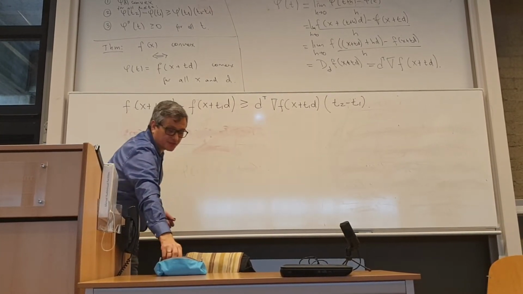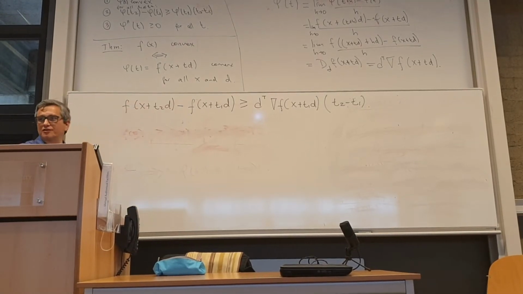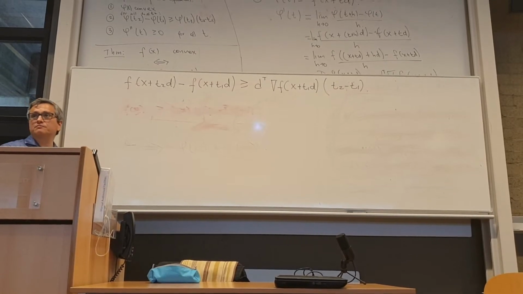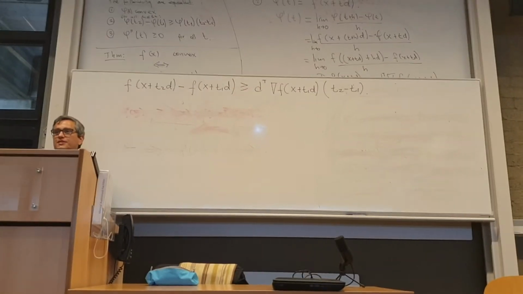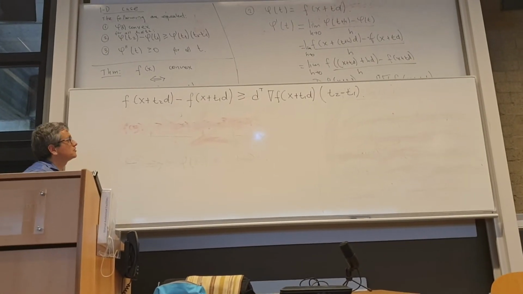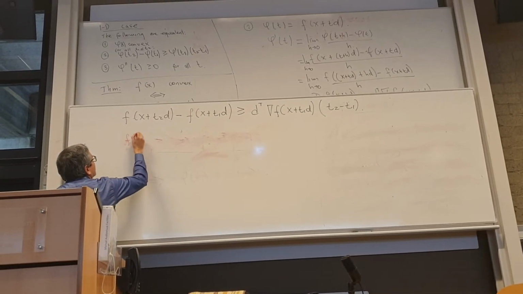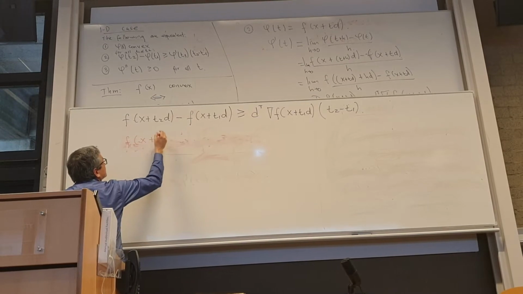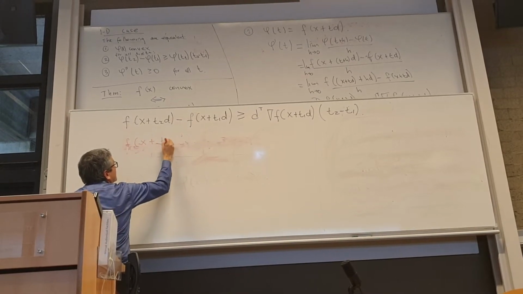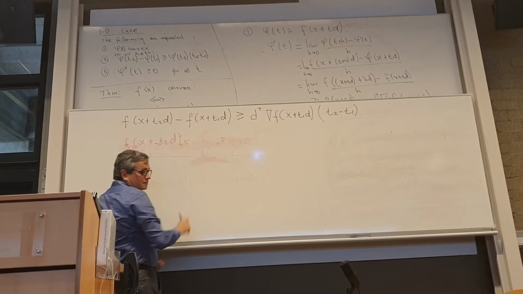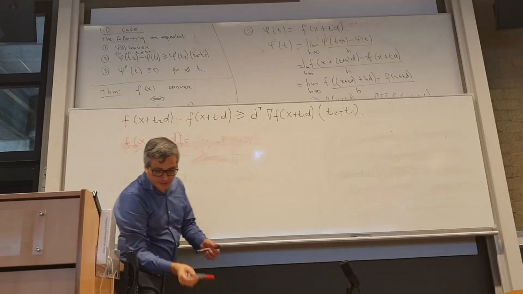And now here comes the trick that one knows when one does this proof several times. Let's take t1 equals 0. So we take t1 equals 0, what do we get here?